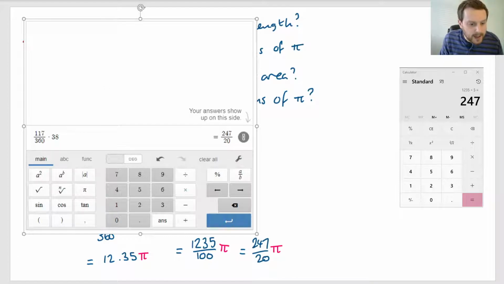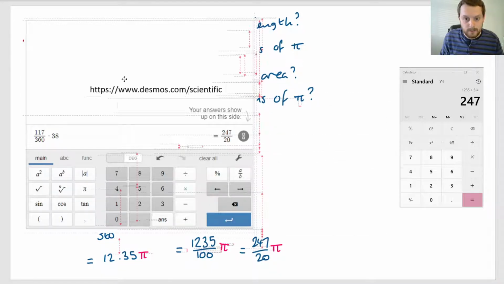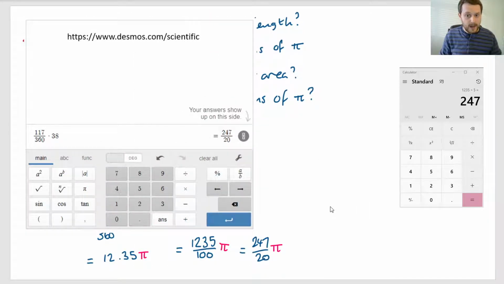Now this online calculator can be located at this address here, which I will insert as a text box. If you go to that address there, unfortunately this one suffers with the same problem as a lot of people are having. If I now times this by pi, it has that same problem, right?